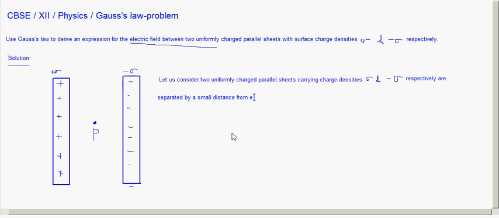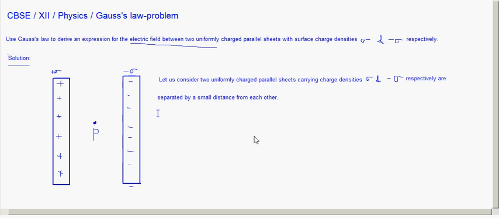And in the last class we have found the electric field due to a uniformly charged plane sheet. So by Gauss law we got it as the electric field at any point P, which is at a distance say r from the uniformly charged plane sheet, is given by sigma by 2 epsilon naught. So due to one sheet we know, now we need to calculate due to both the sheets.